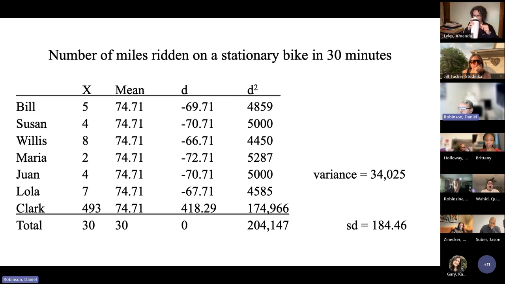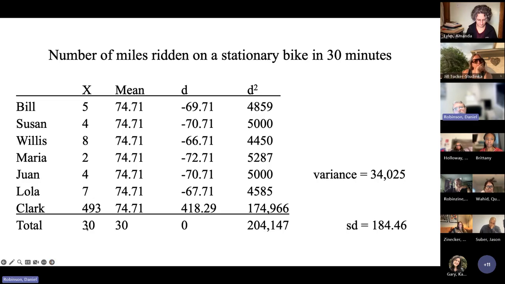So for one thing, it messes up the mean. For another, it inflates your variance. The variance now is over 34,000 and the standard deviation is up to 184, which means that your typical student is around 184 different than the overall mean. So that's what's called adding an outlier here.